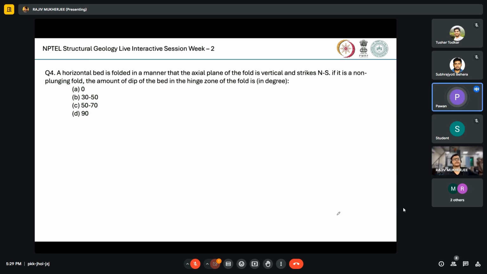Sir, sir, 90 degrees. Axial plane is vertical and strikes north-south. Dip of the bed at the hinge zone. So this is a fold which is non-plunging.